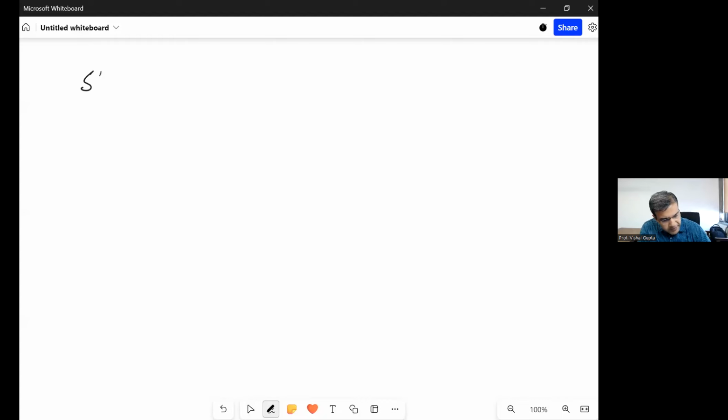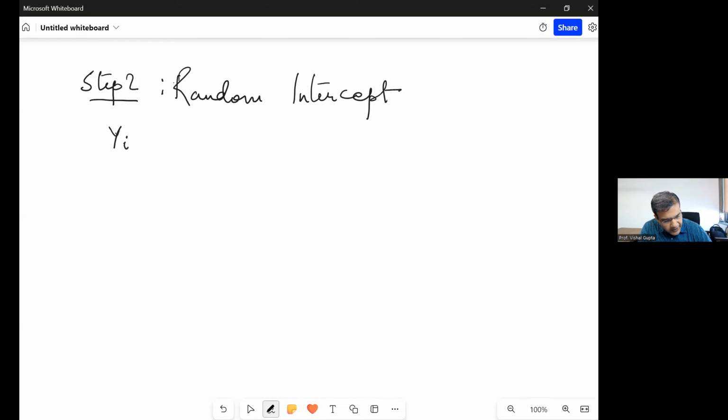Our step 2 was the random intercept. So Yij is equal to beta 0j plus beta 1j SES ij plus Rij.